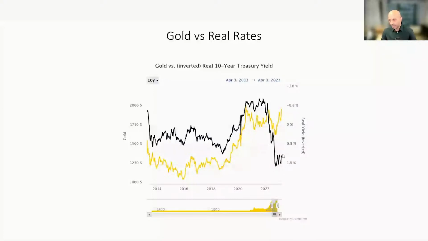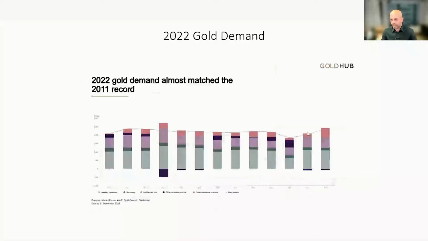And then after that, real rates have been fluctuating up and down, and gold prices have rebounded. So there's a bit of a disconnect here, and some of it can also be attributed to central banks buying gold, as we saw in the chart earlier. In 2022, central banks actually played a significant part in buying physical gold.